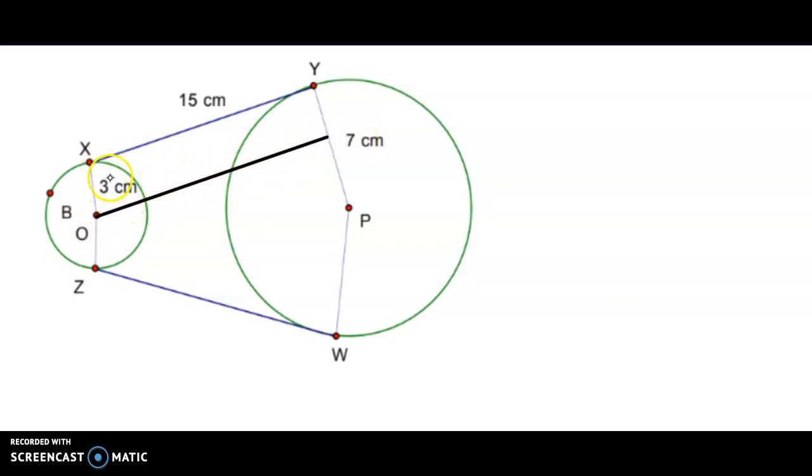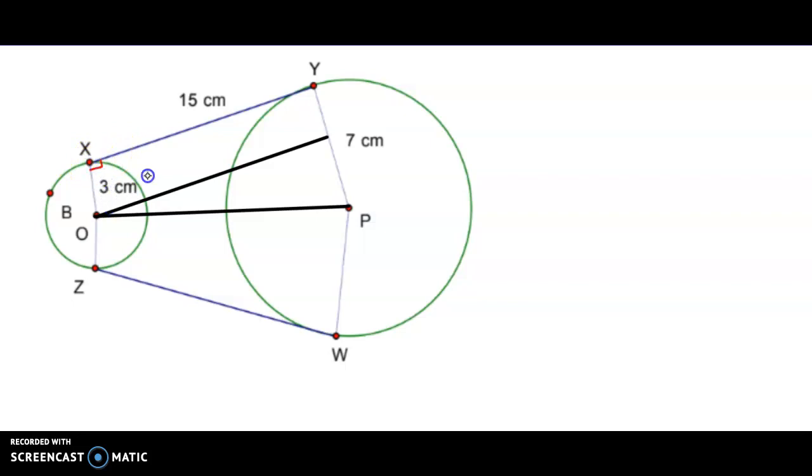And so then I'm also going to draw in what I'm trying to look for, right here. All right, so then we learned that from the radius to the tangent, that's always 90 degrees.